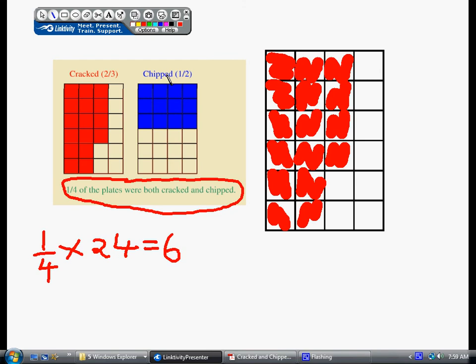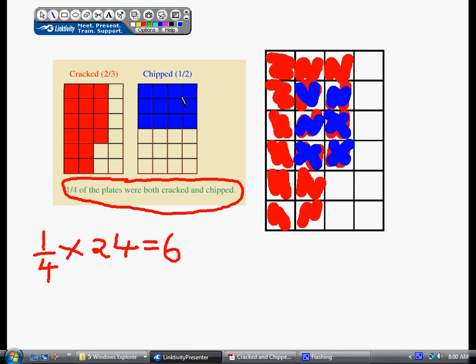So in other words, 6 of the squares will be painted blue and red at the same time. So let's do that. I'm going to take these 6 squares because they're both chipped and cracked. Now, that's not enough.